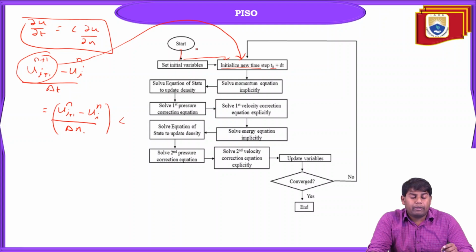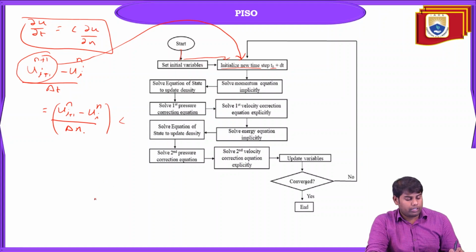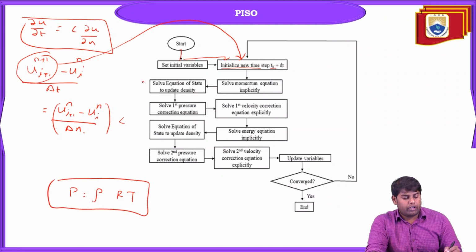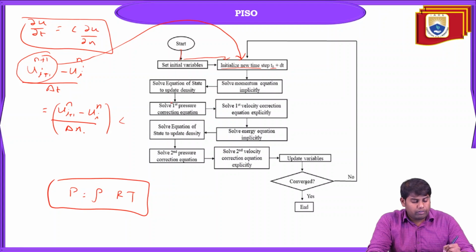Then we substitute this in the density equation of state, which is P equals rho R T. From this we solve for the first pressure correction. So in this method you have two pressure corrections and two velocity corrections. The PISO algorithm corrects the velocity twice and the pressure twice.